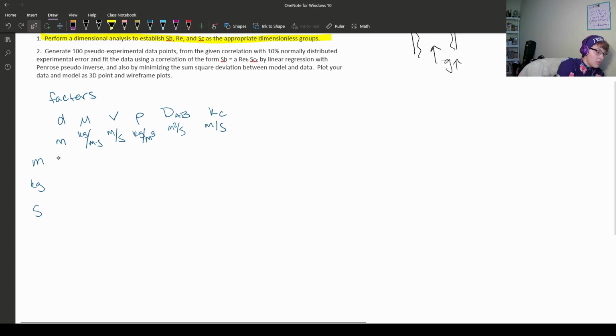So for our diameter, we have meters, just meters, so that's a 1. For viscosity, we have -1. For velocity, we have 1. For density, we have -3. For the diffusion coefficient, we have 2. And for the mass transfer coefficient, we have 1.